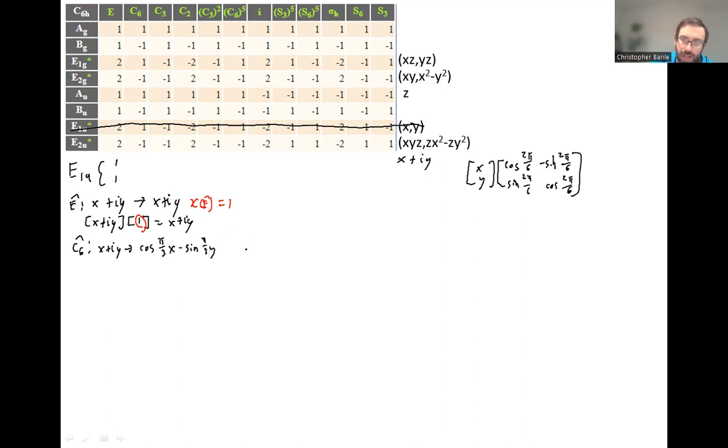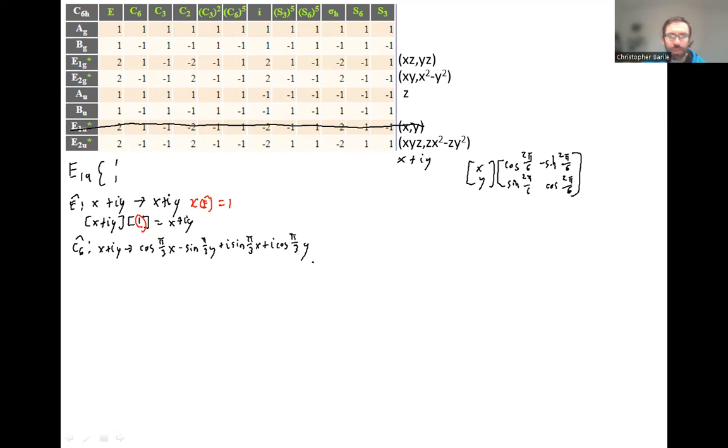Well, then we just show how y transforms with C6. So this bottom part of the matrix, timesing it by i. So we're going to get plus i sine pi over 3 x plus i cosine pi over 3y.